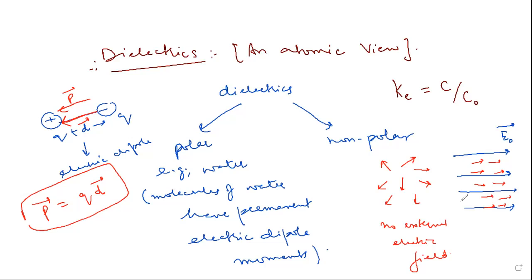In the absence of an electric field, the dipoles are randomly oriented. This is one possibility for polar dielectrics.